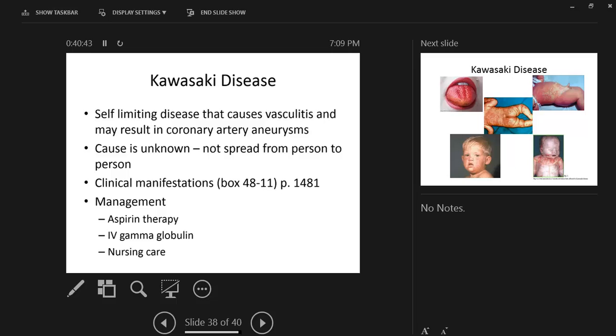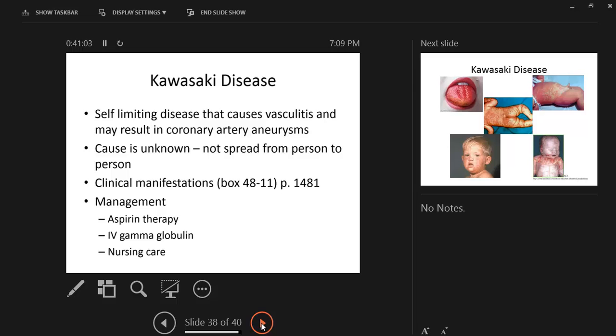And then in the subacute phase, they're at real risk for cardiac injury. So in the subacute phase, which is after they've started the antibiotics and salicylates, they will check them a few times and make sure that they don't have any real cardiac damage from coronary artery aneurysm.